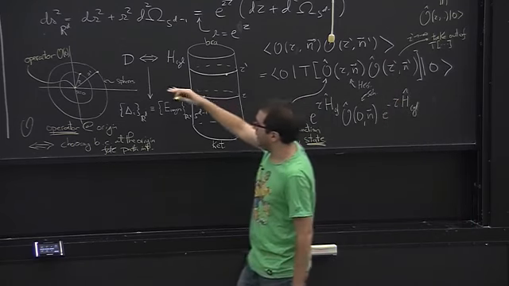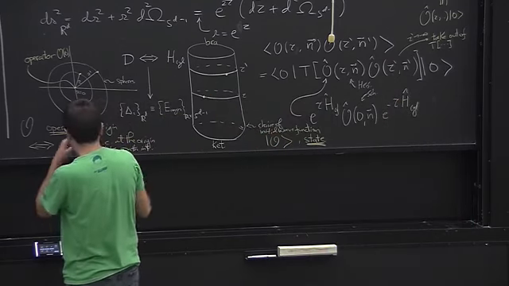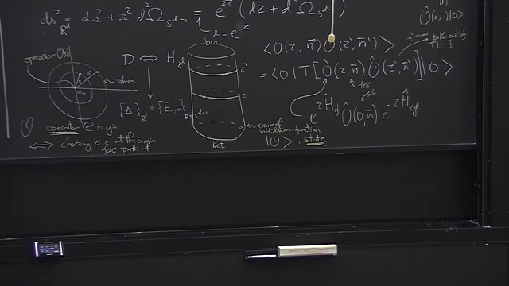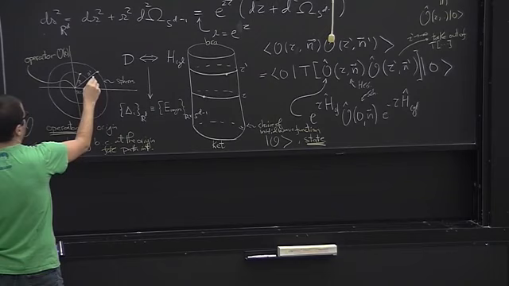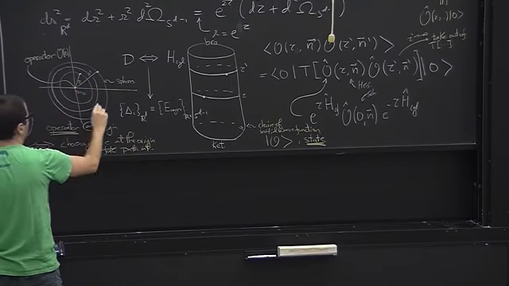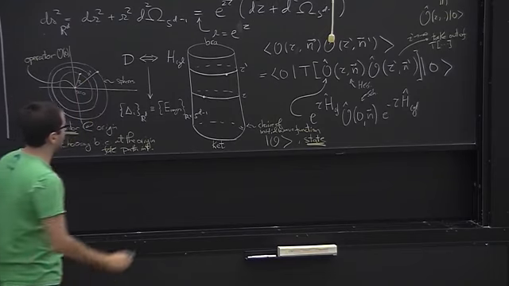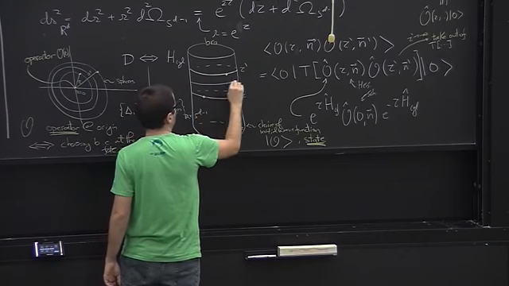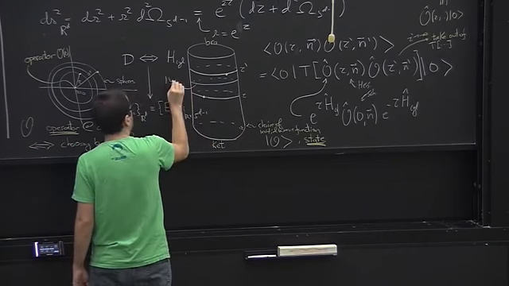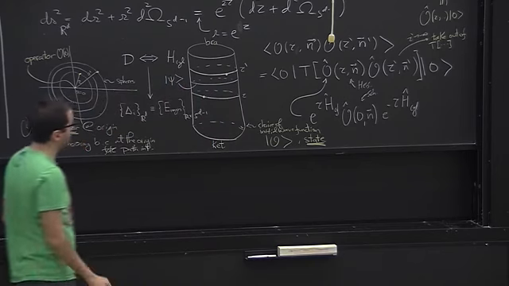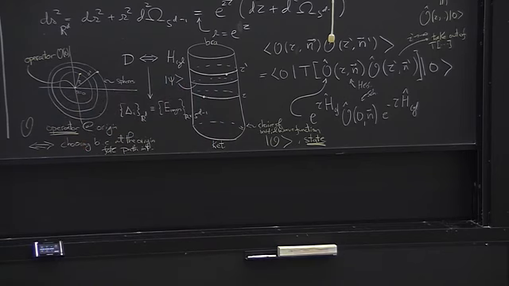So at any sphere that we have, say we have a sphere here, for example, what is this sphere mapped to? It's mapped to some circle here. And at this point, we have here some state psi in the cylinder. What is this state psi?